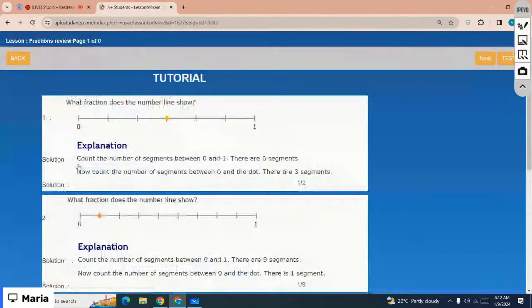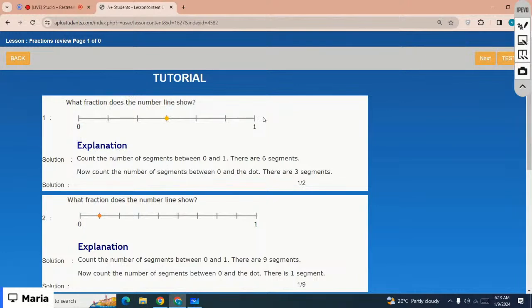What fraction does the number line show? So you have to see what fraction the number line shows, right? So you can see here is the yellow dot. Just count the line segments between 0 and 1. You have 1, 2, 3, 4, 5, 6 line segments, right?